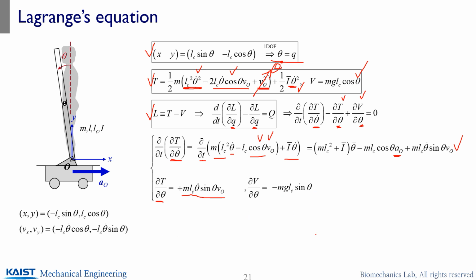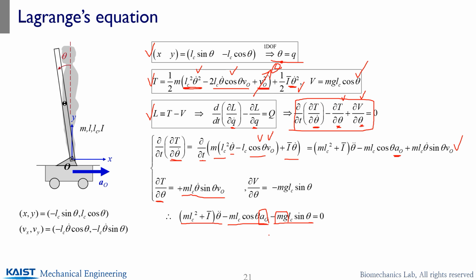So you just put them together for the Lagrange's equation term. What you can have is I theta double dot, and moment by the current acceleration, and moment by the gravity. Okay, pretty much similar to what we have worked on in the previous case.